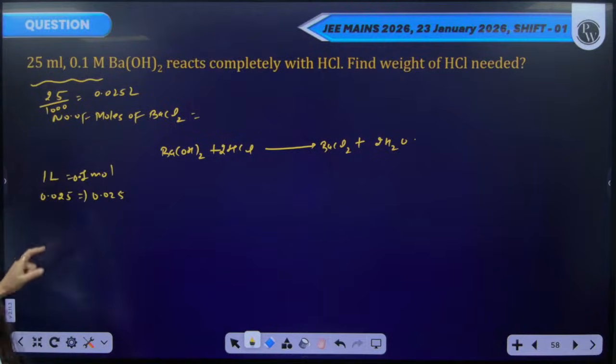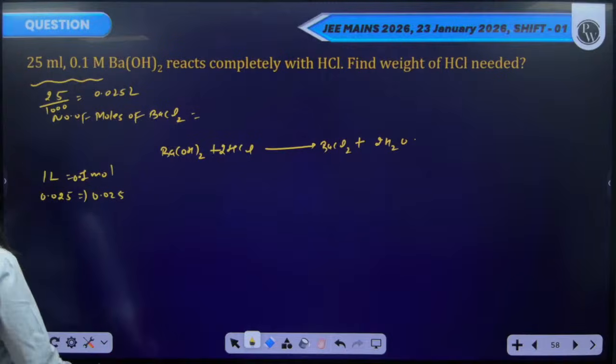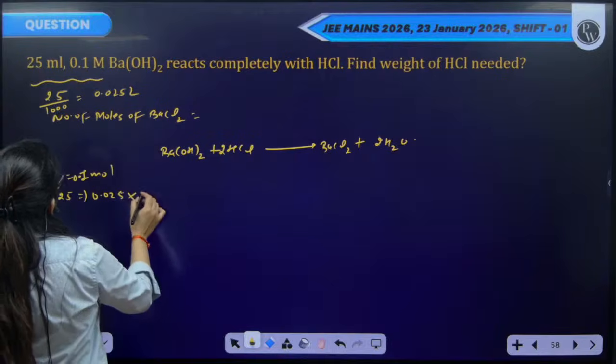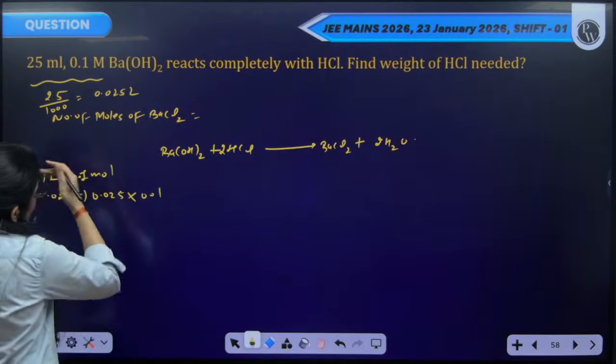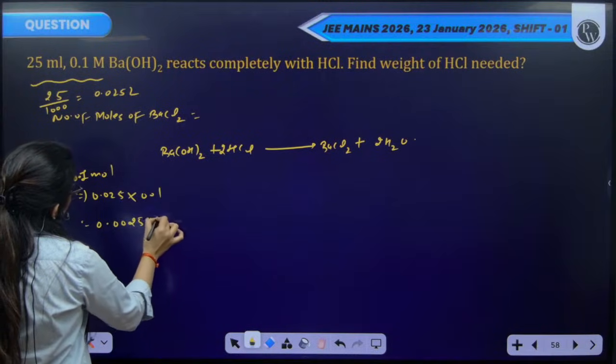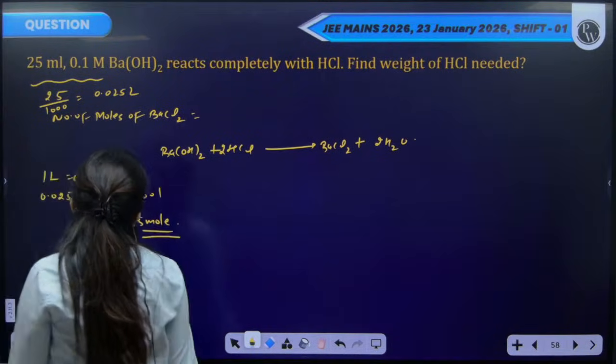So 0.025 liter will be containing how many moles? Just multiply 0.025 by 0.1, so that will be equal to 0.0025 mole. Okay, so those are the moles of barium hydroxide.